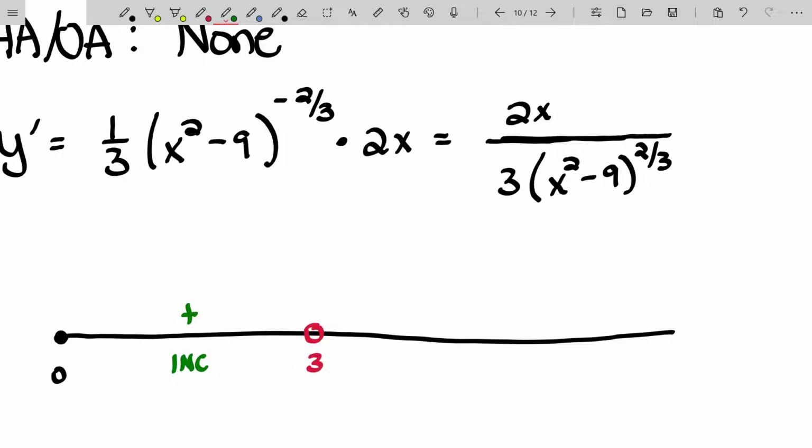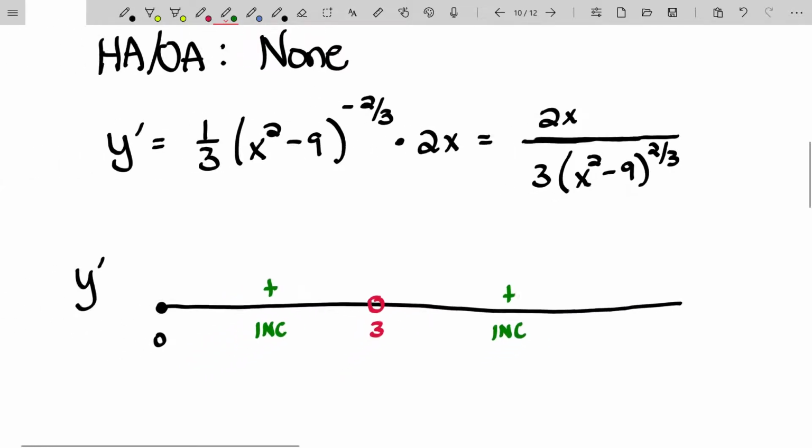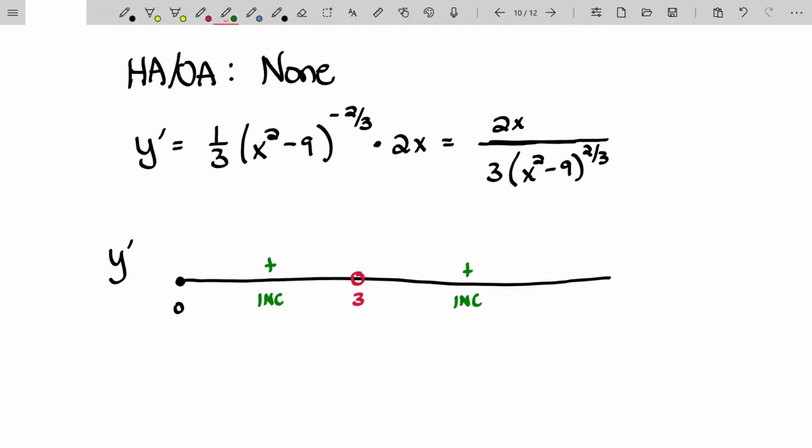If you try any number greater than 3, it will also be positive. So again, our function is increasing. And we do not see any local minimums or maximums. However, there is actually a local minimum, but we'll see that when we graph.